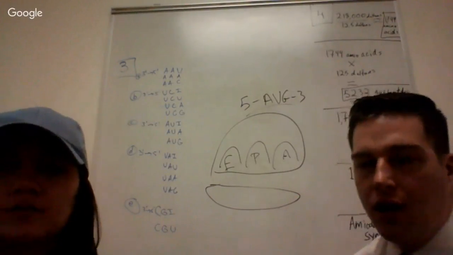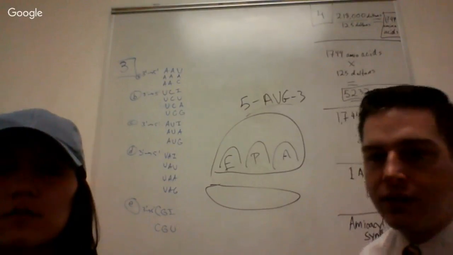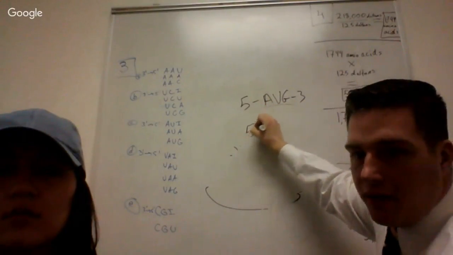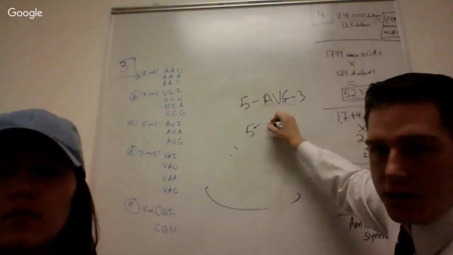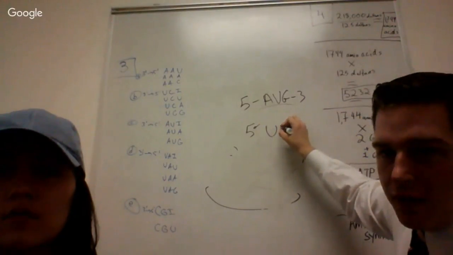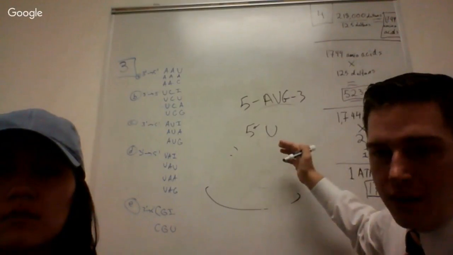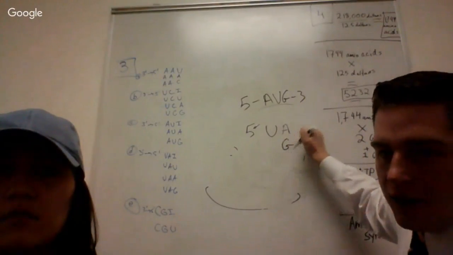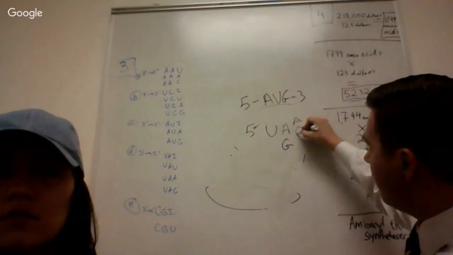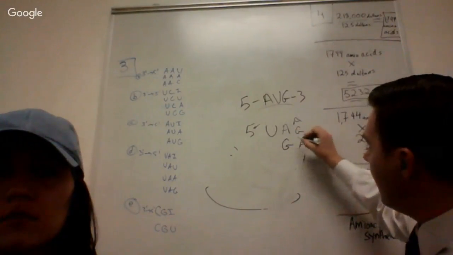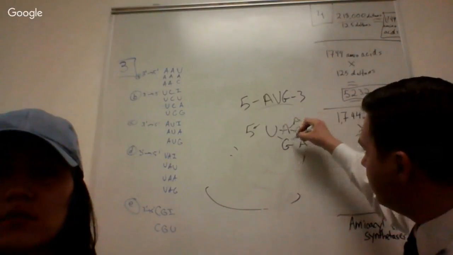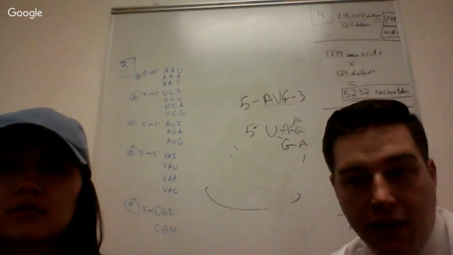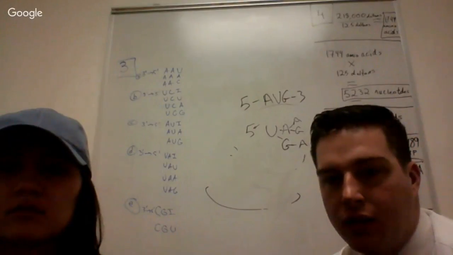And then the stop codon, there are 3 different ones, but the mRNA sequence will always start with a U, and then it'll either be an A or a G. If it is an A, it'll be either an A or G, or if it's a G, then it'll be an A. That's the stop codon.